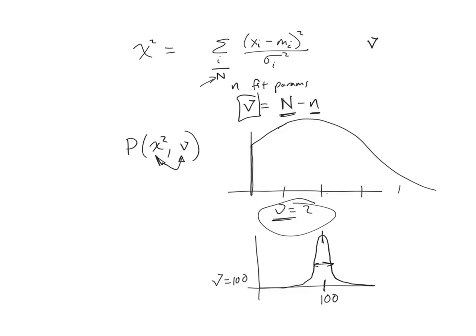So there's another statistic that I'd like you to know how to calculate, which is to look at this probability distribution, say this one down here for 100 degrees of freedom, and to ask, is the value of the chi-squared that I got for my 100 degrees of freedom, say my 102 data points minus 2 fit parameters, is that value crazy or is it reasonable? My value could lie right here, or right here, or maybe somewhere reasonable in that distribution.